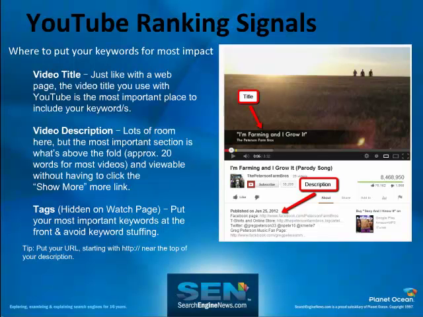An additional thing that we'd like to suggest is to put your URL. Ideally, when you put a video up on YouTube, you would like to drive traffic from that page to your website, or maybe your page on Facebook. For example, in the screenshot here, they've linked their Facebook page and their online store at the very top of their description.